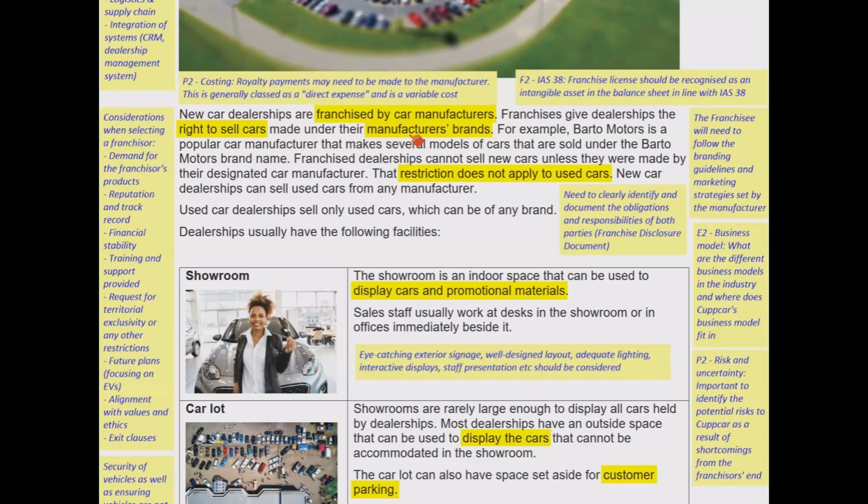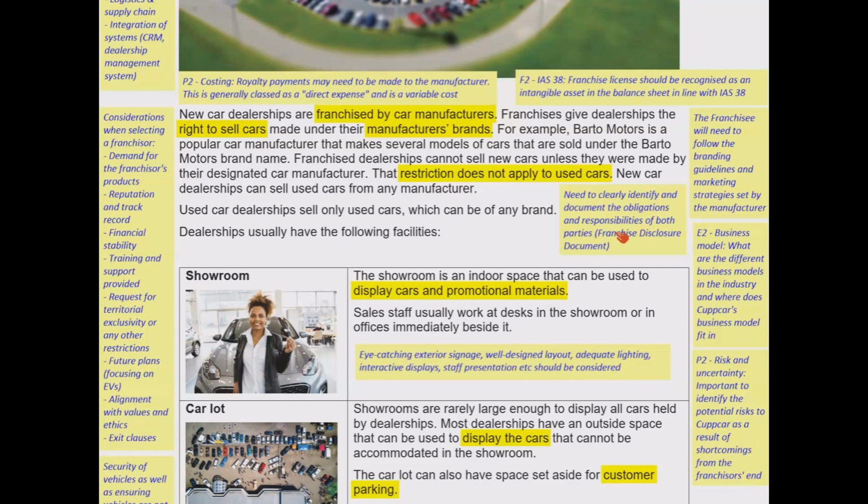Now, this agreement is a contract, and as I'm pointing to on the right-hand side, it's going to be really important to fully understand the terms of that agreement with that car manufacturer. That agreement might have guidelines about how to brand that dealership to make it look like, for example, a real Volvo dealership.